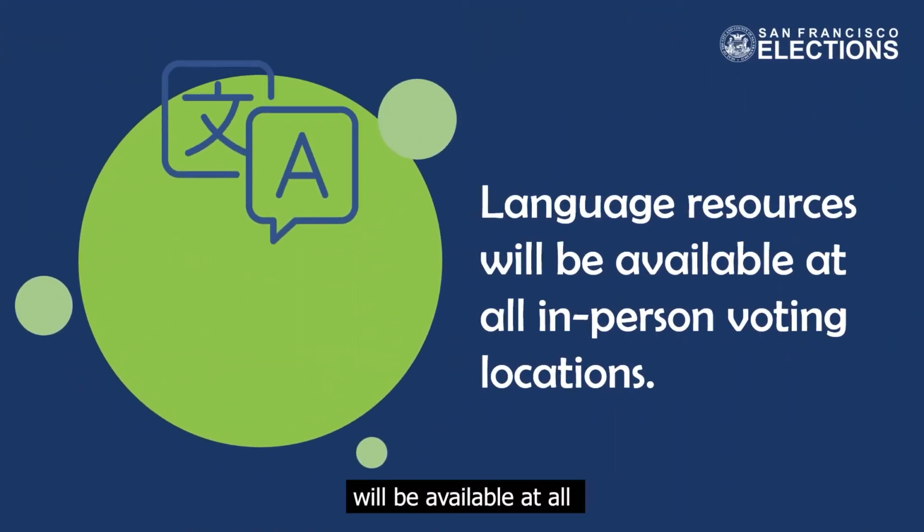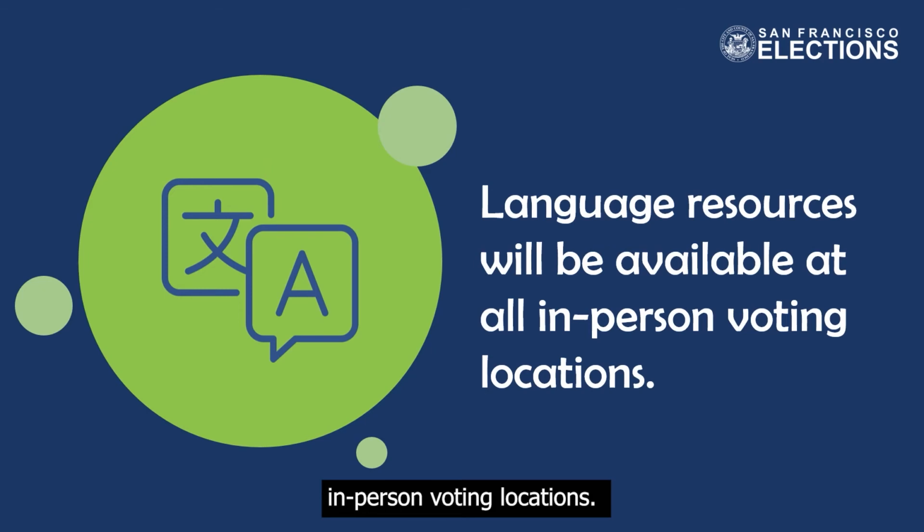Language resources will be available at all in-person voting locations. Voters may choose to mark a bilingual ballot in English and either Chinese, Spanish, or Filipino, or refer to translated copies of official elections guides and other materials at any voting site. Facsimile ballots translated into Burmese, Japanese, Korean, Thai, or Vietnamese will also be available for reference at some voting locations.